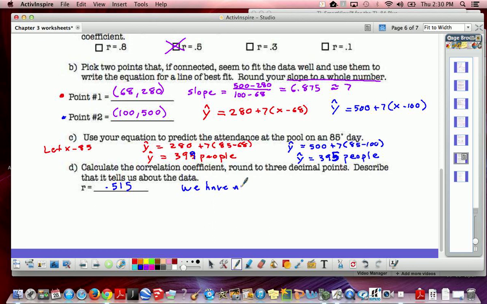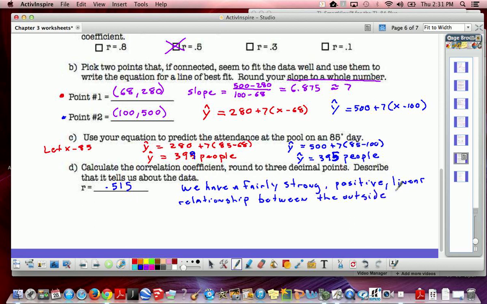So we have a fairly strong, positive, and again we're talking linear relationship between the outside temperature and pool attendance.